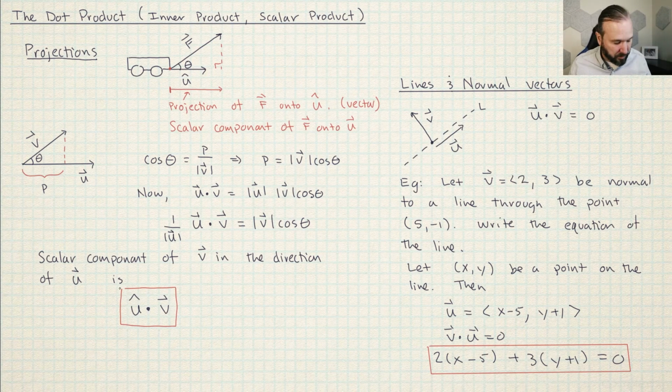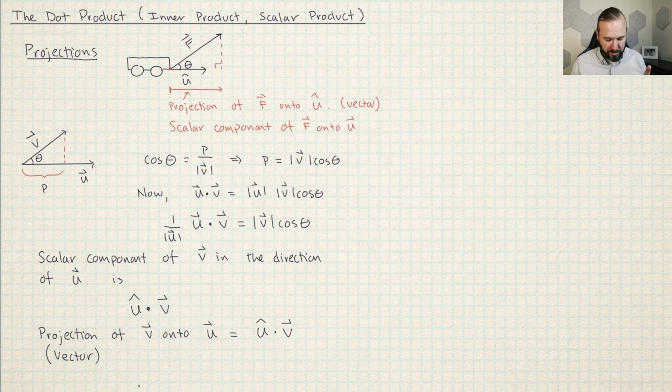Let's do an example of this. But really fast, before we move on, I should explain also, sometimes we're concerned with what the length of the projection is, and sometimes we're actually concerned with the vector whose length is that scalar component but points in the direction of u. So this is how long I want the vector to be, and I just want a vector of this length that points in the direction of u. So that's easy.